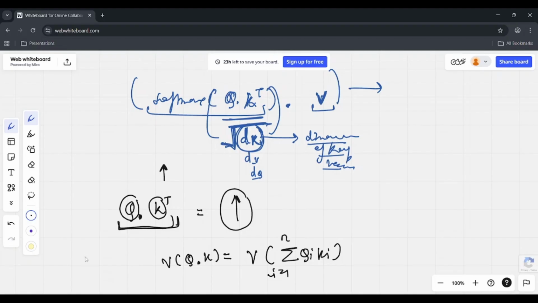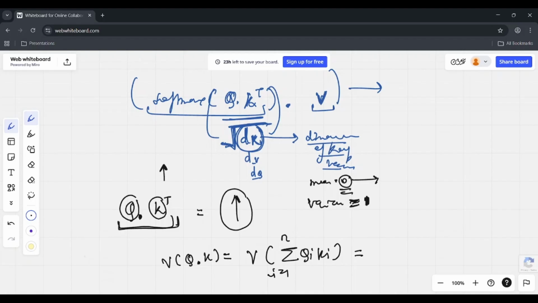Which is nothing but, now here we make one assumption: these vectors q and k have mean 0. And why do we keep mean 0? Because we don't want to introduce any bias. That is why the mean is 0. And the variance is approximately 1. It's equal to 1.